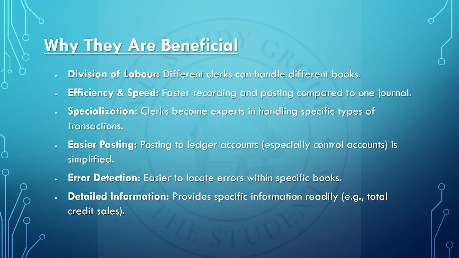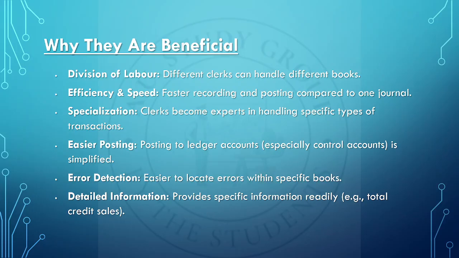Now, what are the advantages of subsidiary books? As already mentioned, the advantages are huge. It helps division of labor, efficiency and speed. Specialization of books helps give us specific information about specific transactions.